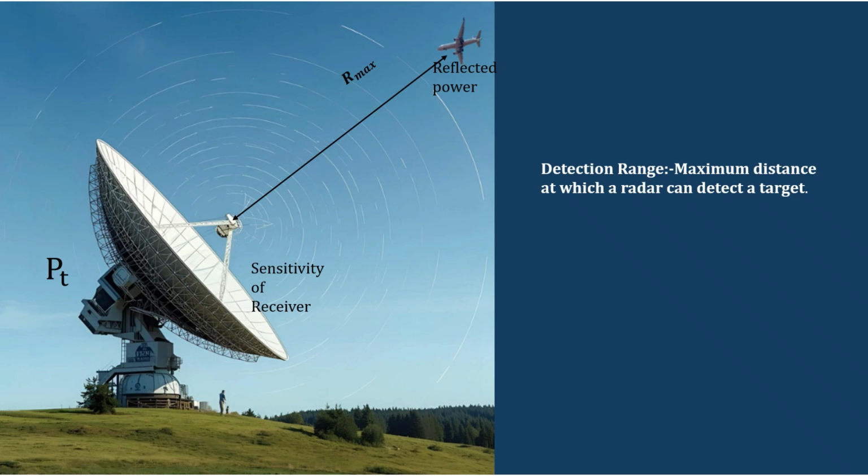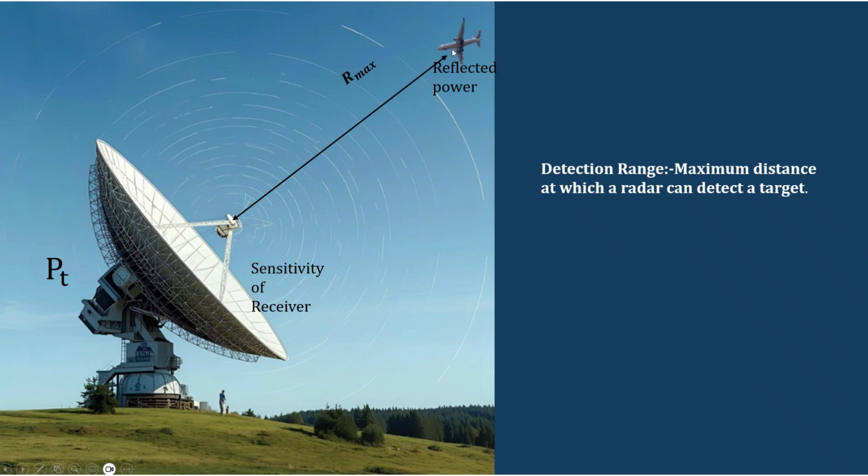Another important factor which decides the maximum detection range is the sensitivity of the receiver. That means the minimum power that a radar can identify as a target. If the target is here, in the mid range, the received power will be more and the radar can detect it as a target.